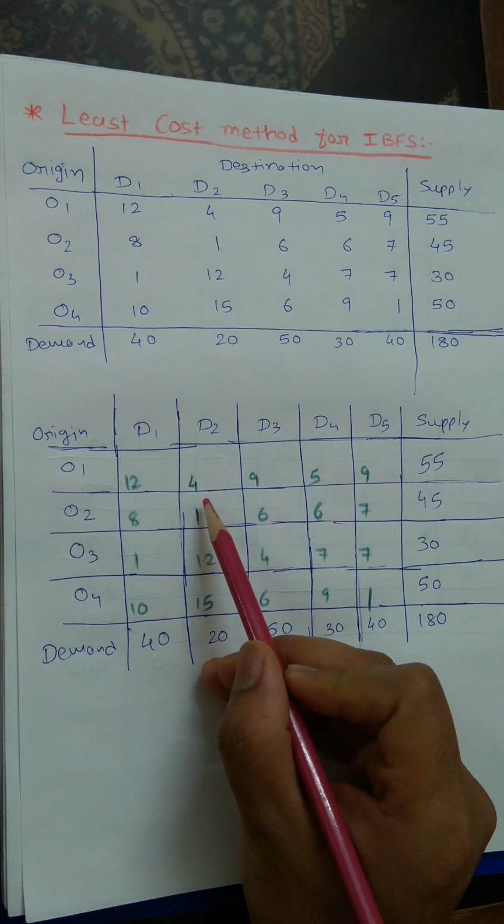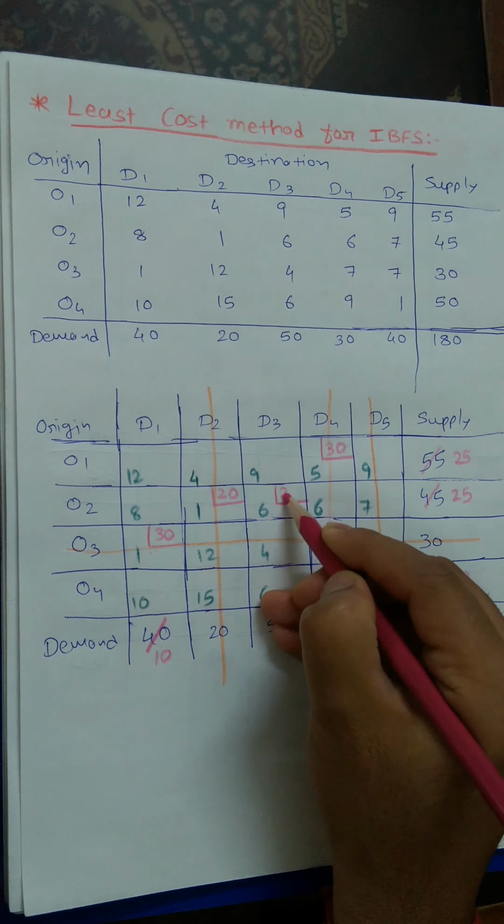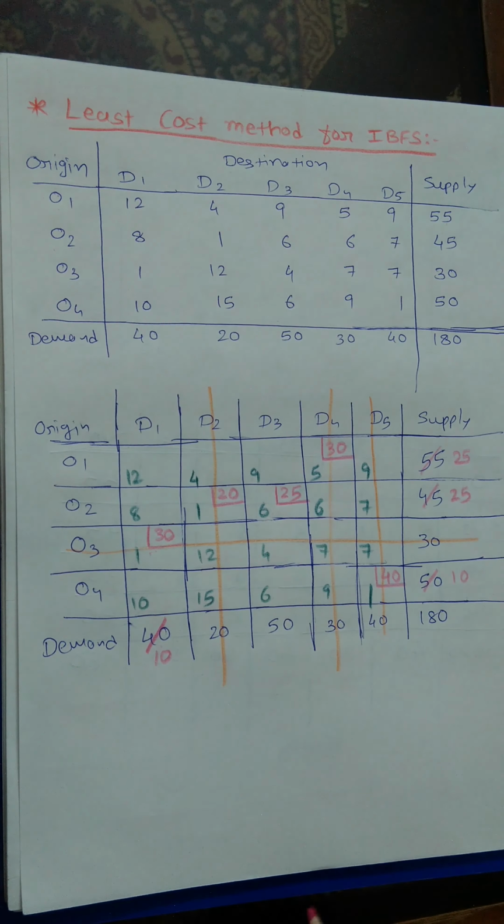So D4 gets cancelled. Now out of the available costs, the least cost is 6, and there is a tie between the two cells O2D3 and O4D3. So which one to select? In O2D3 I can allocate 25 and in O4D3 I can allocate 10 only. So I will pick O2D3 because 25 is greater than 10. So 25.